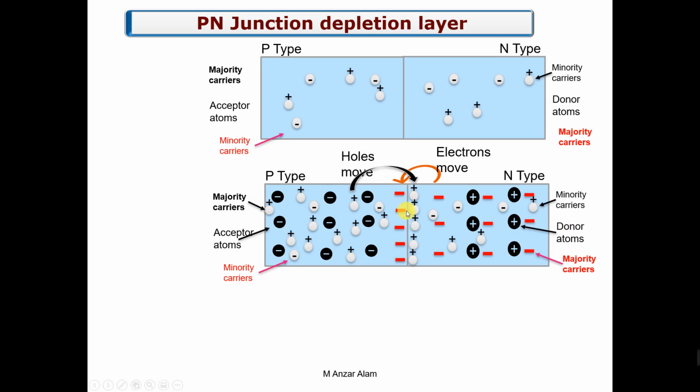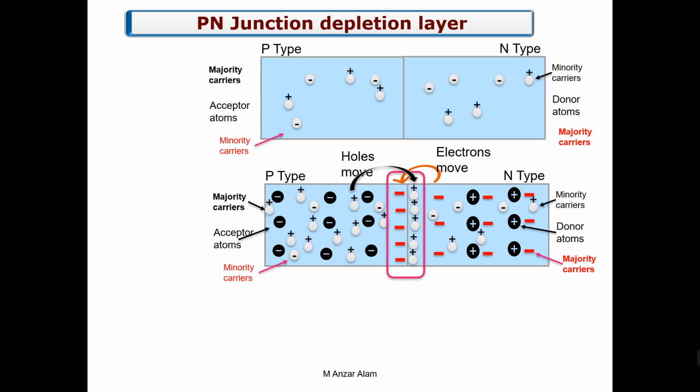So this will stop further migration, and this itself will make this piece of silicon material an insulator, because it is not going to allow the free movement of the charges to either side.